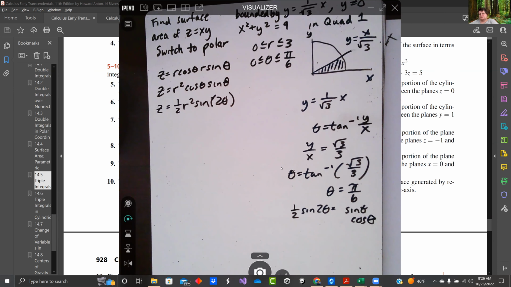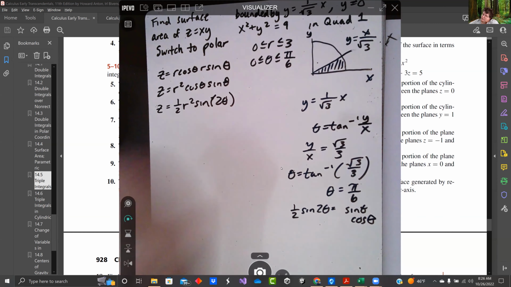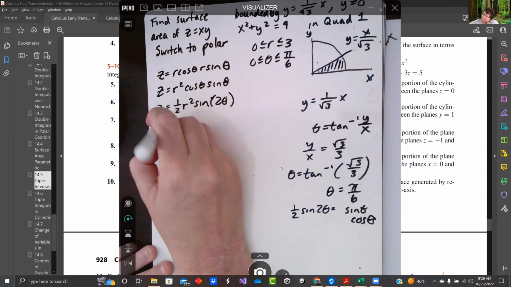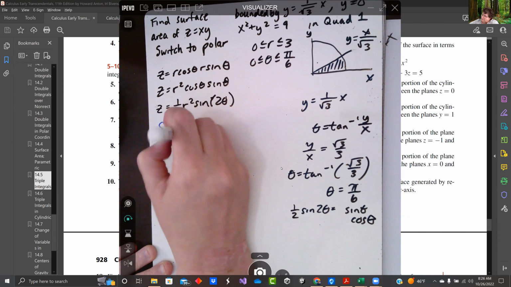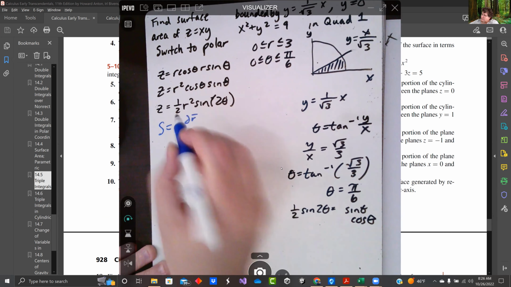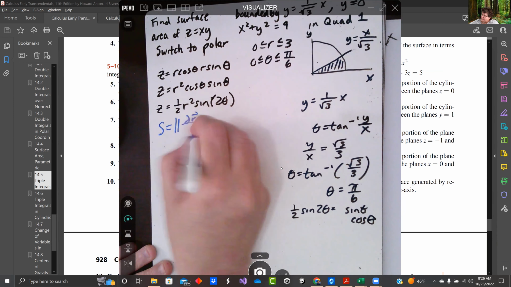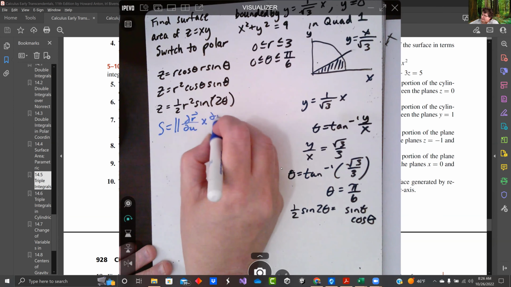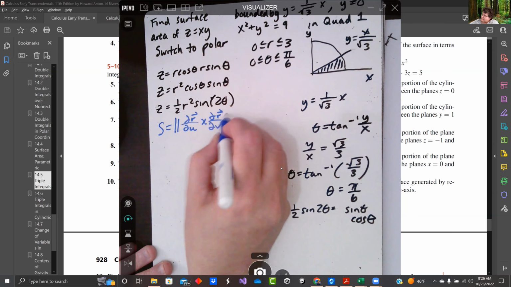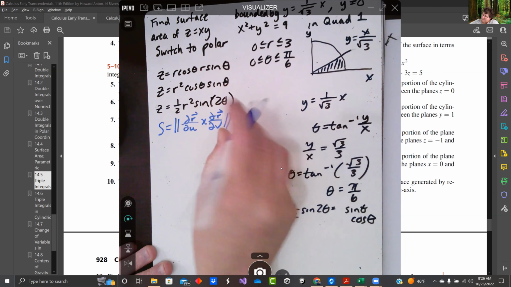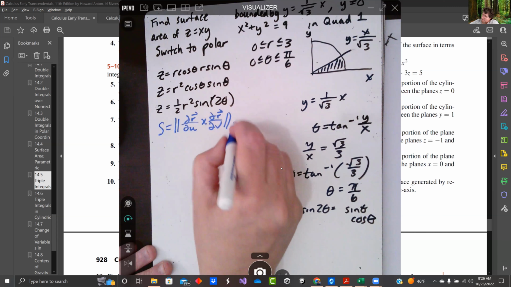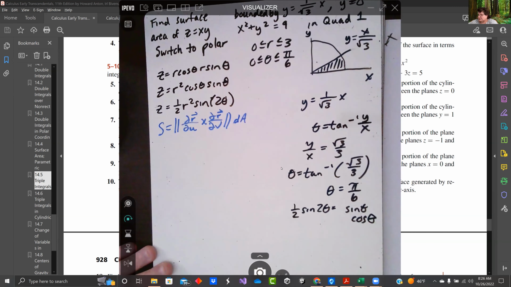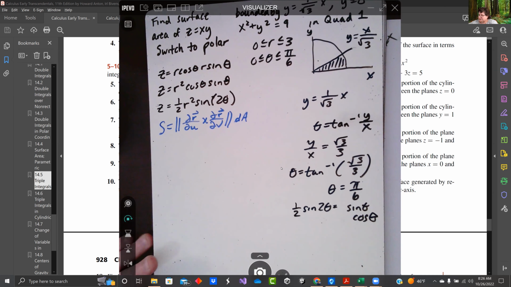Now we need to come up with the formula for the surface area: dr/du cross dr/dv du dv, or I'm going to put dA because it depends on what we shift to. So here it looks like r and theta are natural things to go to.